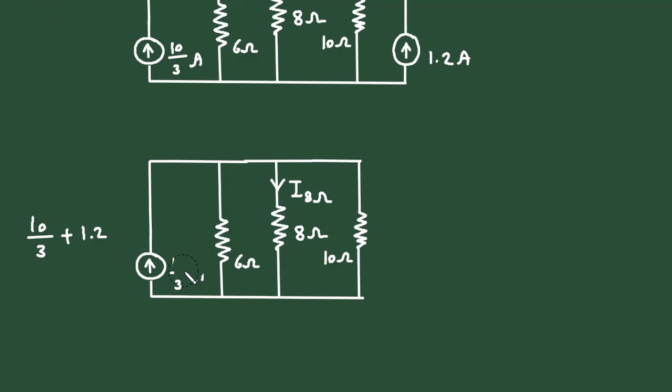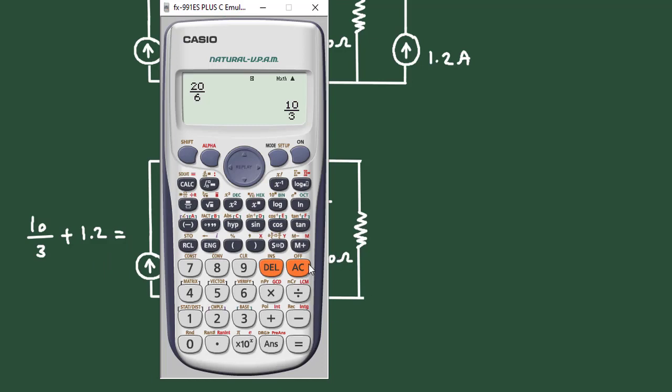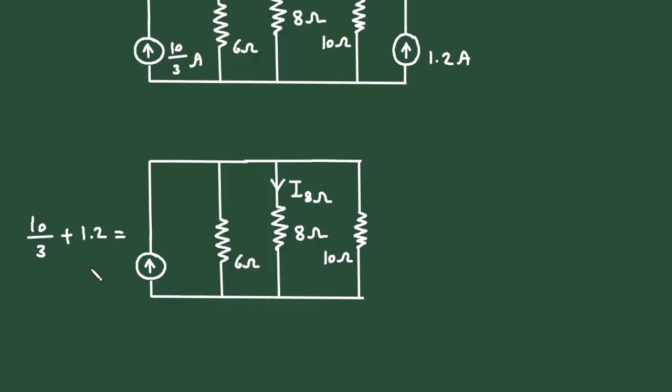Also we can erase this one. So if we solve this, 10 by 3 plus 1.2 is 68 by 15 ampere.